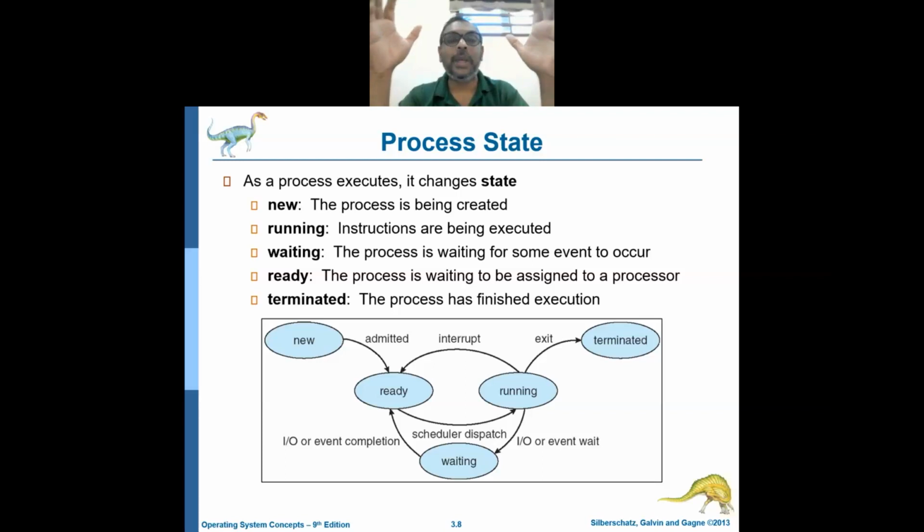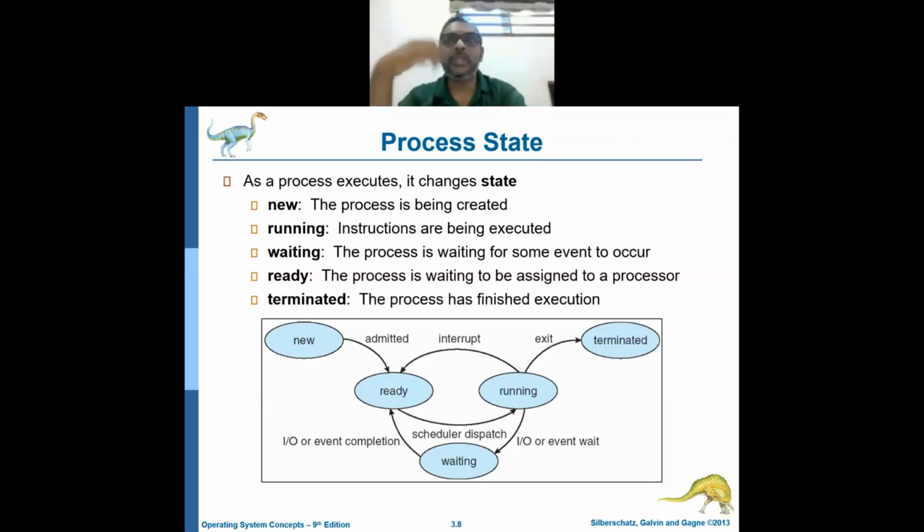Your phone is in a waiting state because it's already on, it's waiting for any messages or phone calls to come in. It's not that only when the phone call comes in then you turn on your phone. It is in a waiting state, meaning it's running and waiting for something to happen.